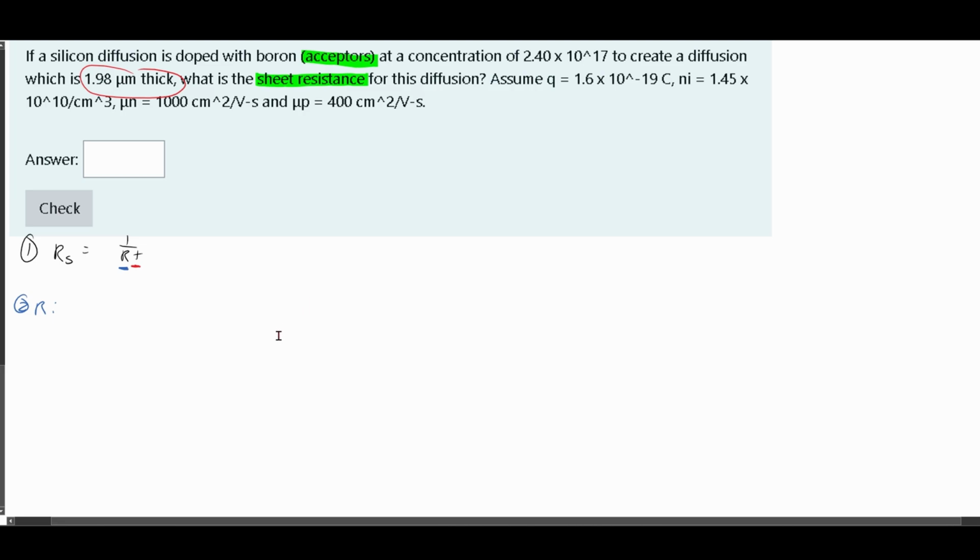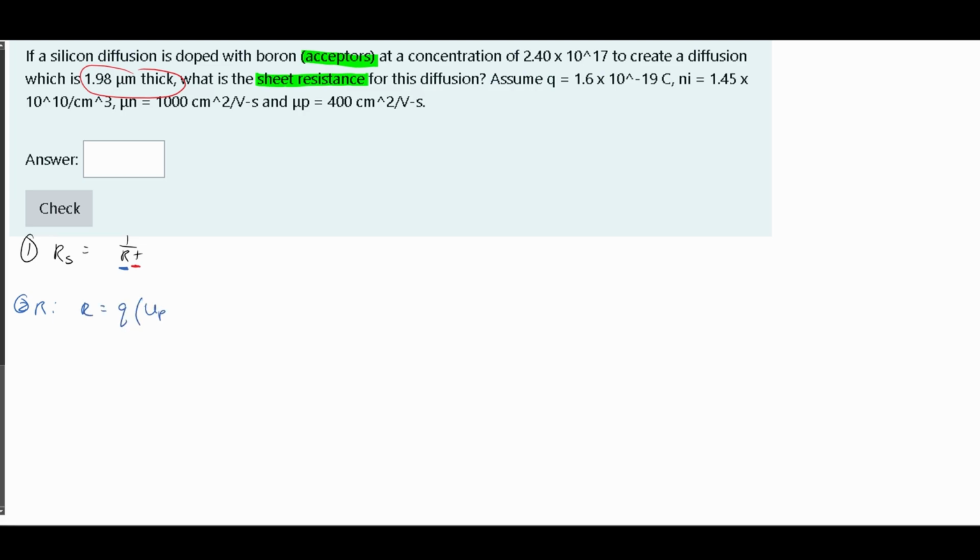On page 29, it doesn't say, but I'll actually put it in the notes right now, so I'm updating it as we go. It says now that R is equal to, I think, our sigma, which is equal to Q times (micro P times P plus micro N times N). So this is what we have here. That means R is equal to, let's say our Q is 1.6 times 10 to the negative 19.